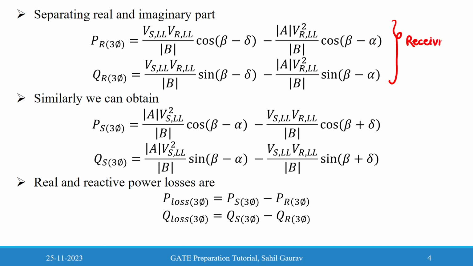So these terms are for receiving end powers, and these terms are for sending end powers. If you want to calculate the real and reactive power losses, just subtract the receiving end power from the sending end power. That will be the active and reactive power loss in the transmission line.